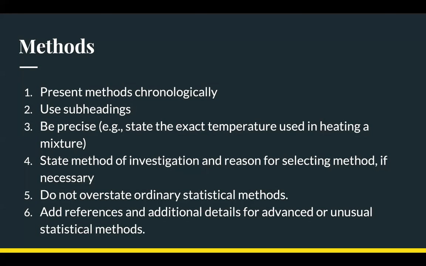Be precise, always important. State your exact measurements, for example the exact temperature if you're using temperature. State your method of investigation and the reason for selecting that method if necessary. If you're using a method that is widely known in your field, you might not need to justify it as much, but if you're using something new that people don't normally use, then you definitely want to justify why you're using that approach.